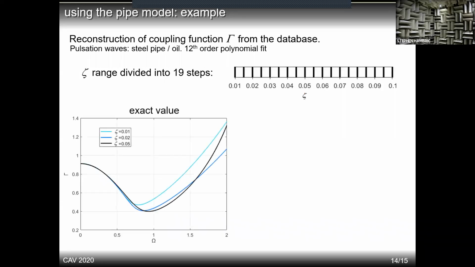The exact coefficient gamma for 3 values of zeta is shown on this plot: 0.01, 0.02, and 0.05.